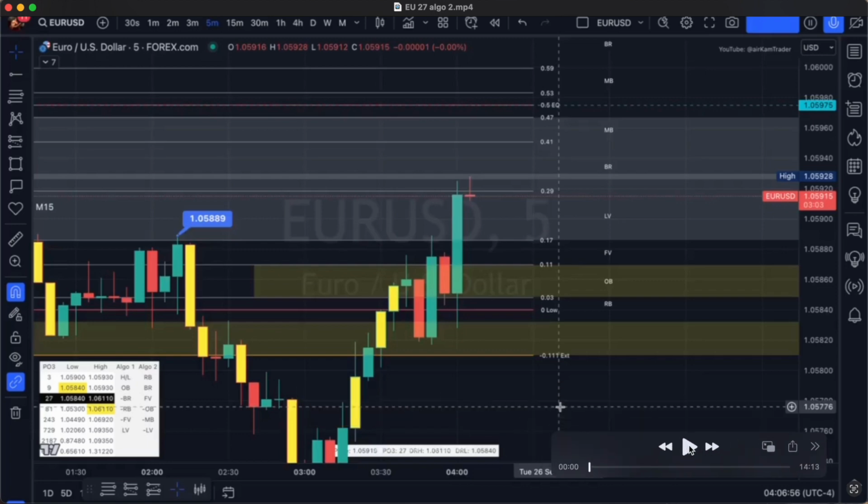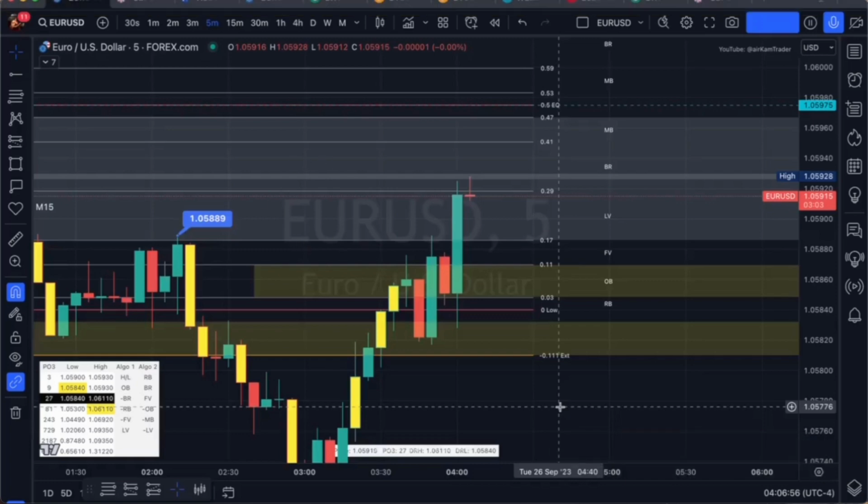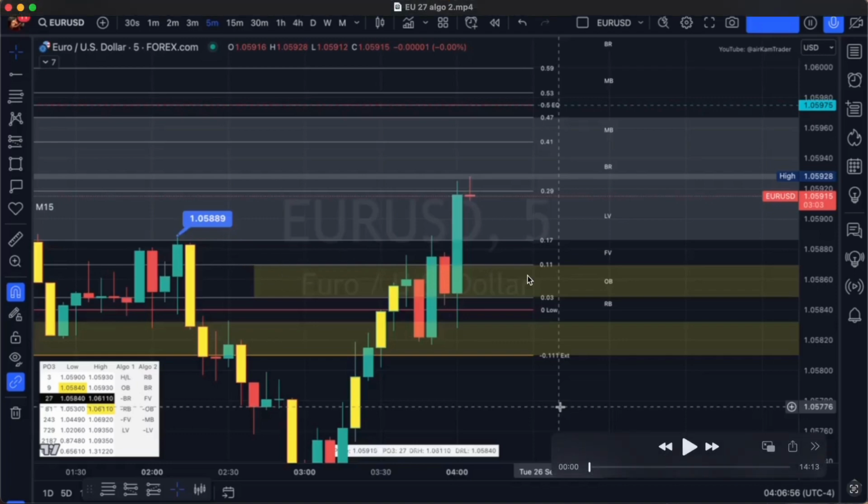Okay, so you can see here I've mapped out the Goldbach levels, and what I'm interested in. What I also did is I highlighted the areas where the OBs should form, and that just helps my eye a little bit, because sometimes price can move quickly and I tend to look at EU, GU, AU, I'm looking at DXY, so sometimes you can get a little bit lost, but sometimes I find that if I mark these out, I know what's going on.